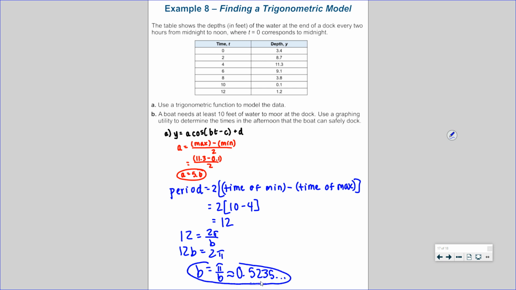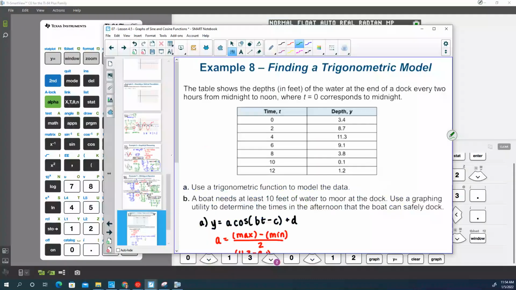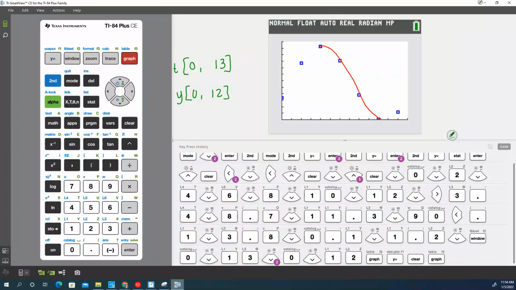Okay, what can we find next now that we know B? C. C is C over B. So we have to look at where our curve starts for the cycle that we picked. It's starting at 4.